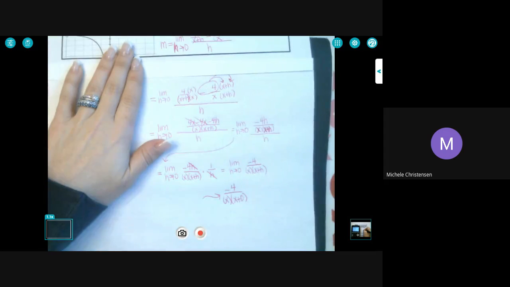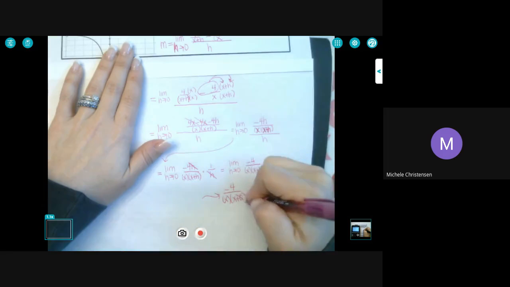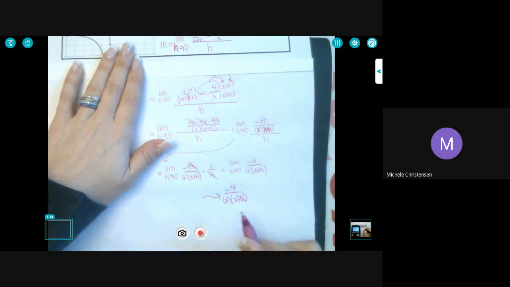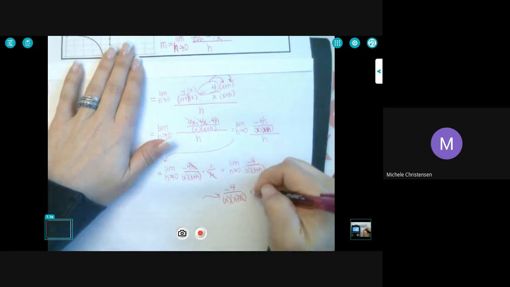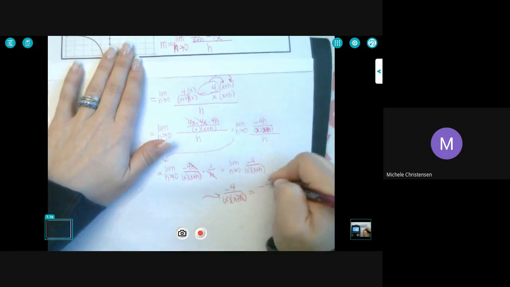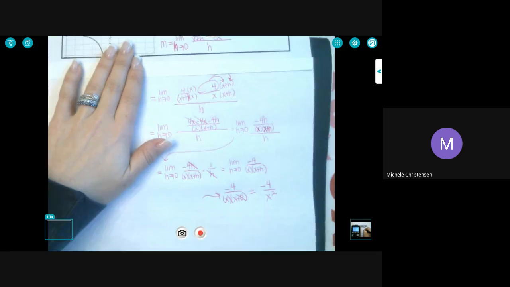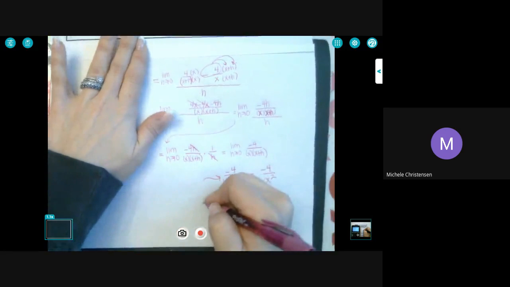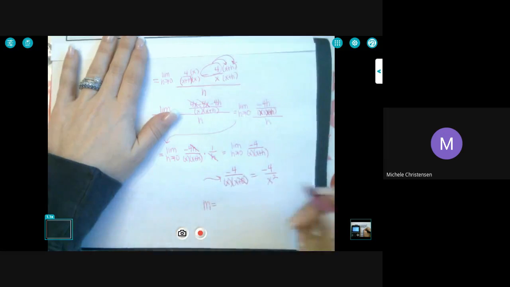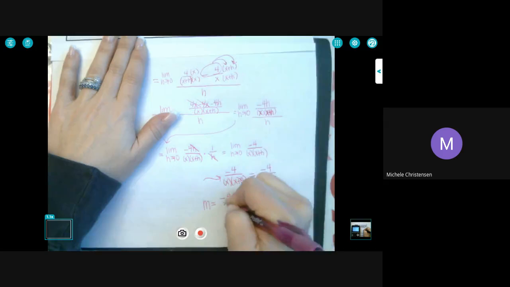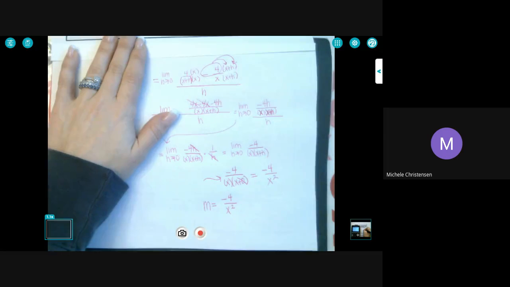So x plus 0 is just x. Right? That basically cancels out. And x times x is x squared. So the expression for the slope of the tangent line for that function is -4 over x squared.